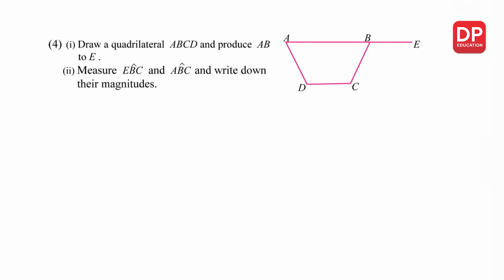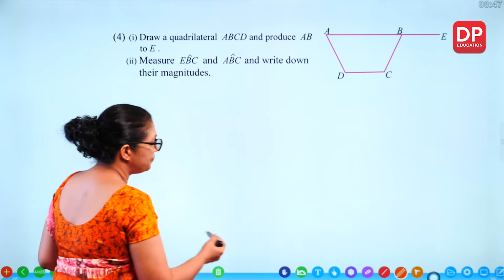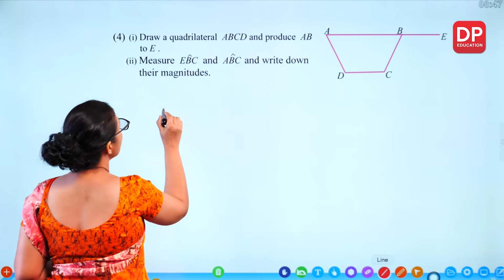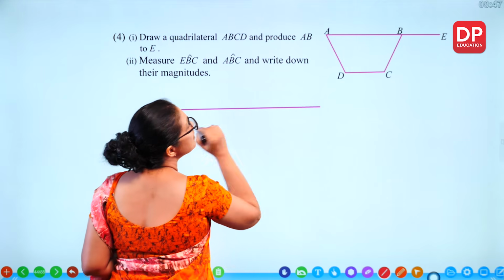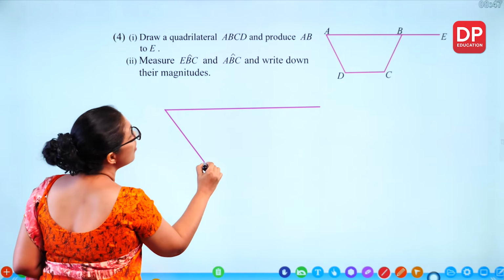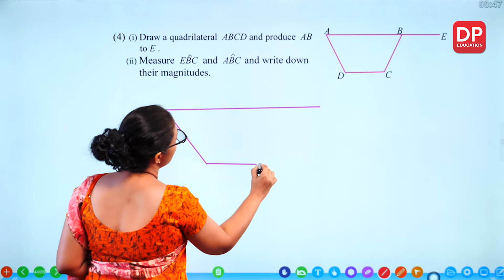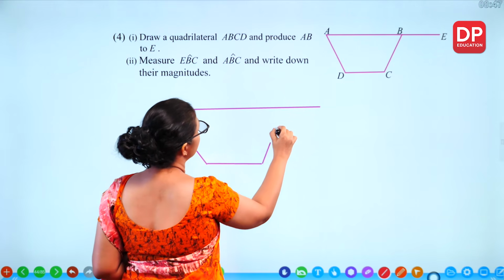Question number 4. Draw a quadrilateral ABCD and produce AB to E. This is this line and you can draw a similar diagram to that, any quadrilateral.